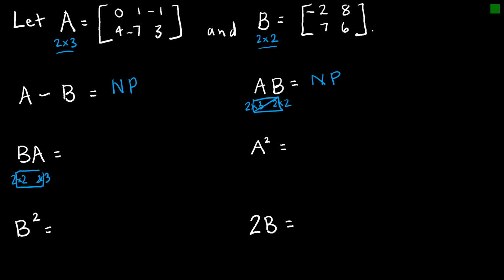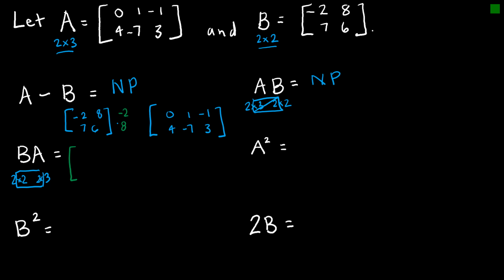So I'm going to go ahead and steal some of that real estate from my previous question, rewrite B times, and again leave myself some space, times A, which is 0, 1, negative 1, 4, negative 7, 3. In order to multiply, I'm going to take my negative 2 and 8 and make it a column.